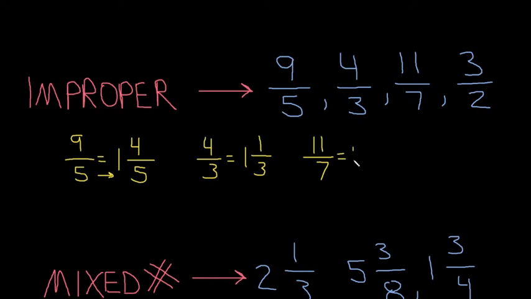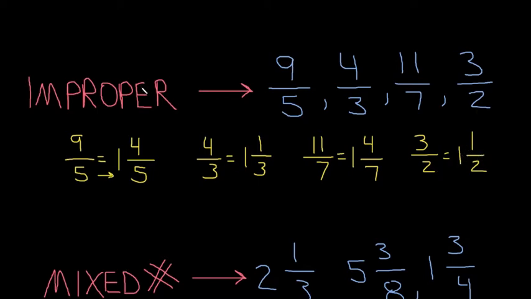Again, only 1 seven fits into 11, and there's 4 left over, and then we bring the 7 over. So 11/7 is equivalent to 1 4/7. And then the last one, 3/2: only 1 two fits into 3 with 1 left over. It's 1 1/2. So 3/2 is equivalent to 1 1/2.